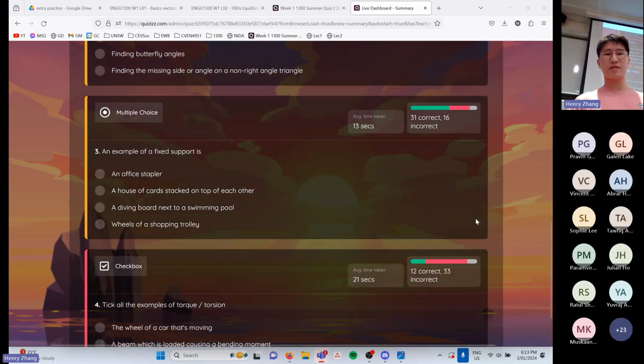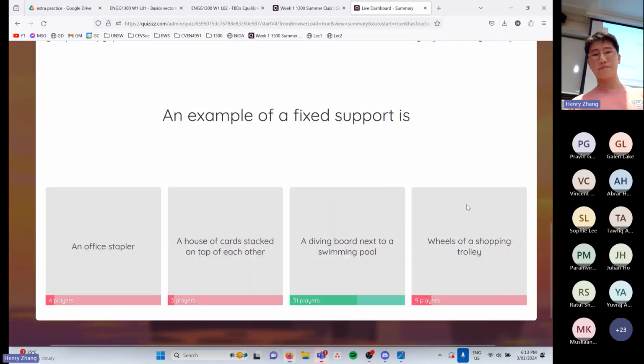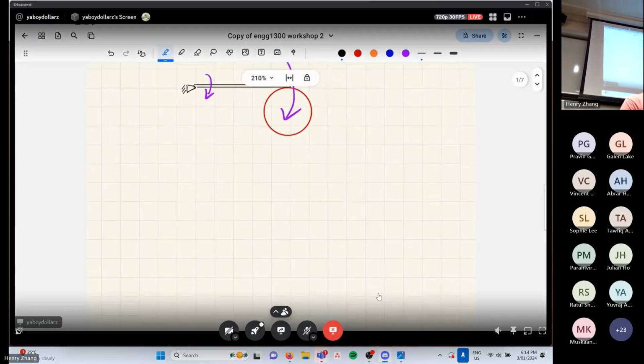Right. So a fixed support. Supports were covered in today's lecture, and there's basically 3 types. Let me go over to Discord.